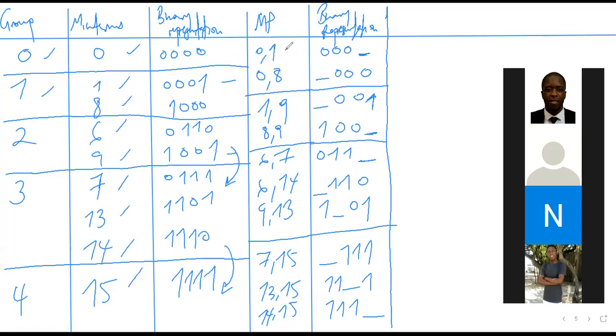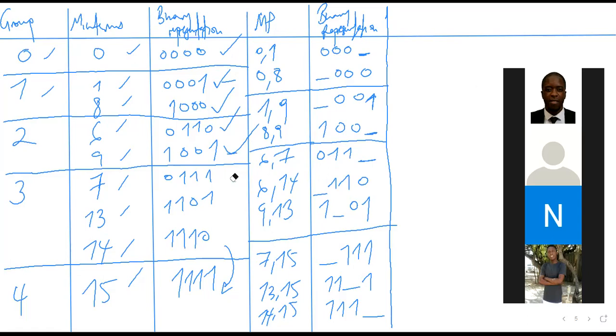When we go to MP1, 0 was used here, 1 was used here, 8 was used here. 6 was used here. 9 was used there. 7 was used here.